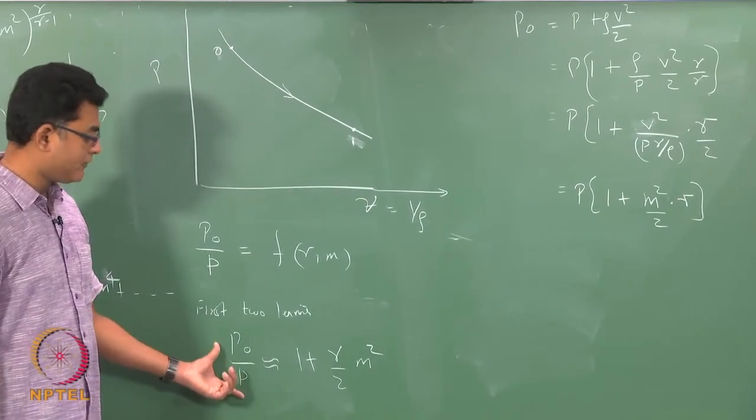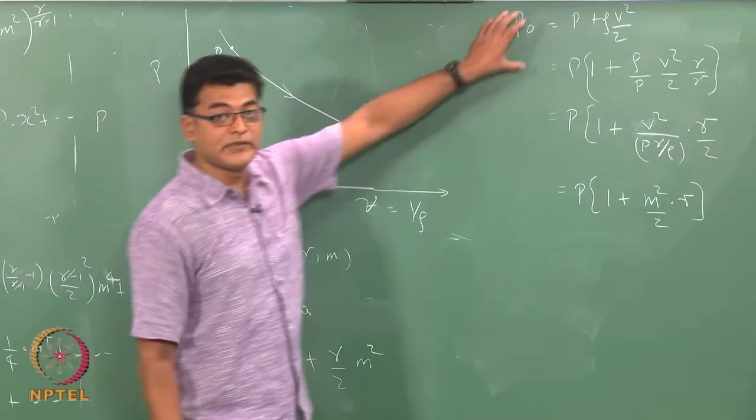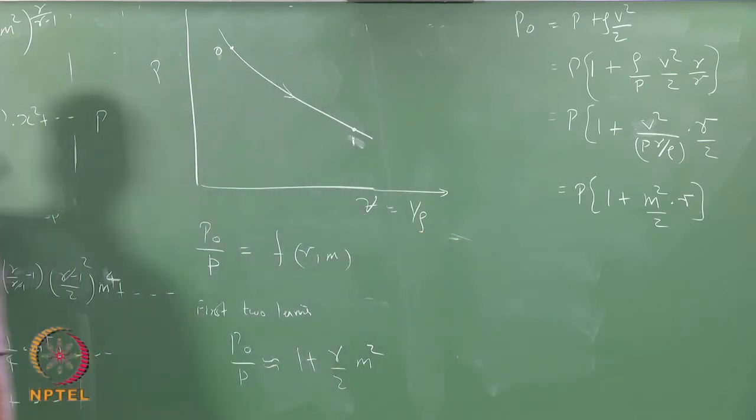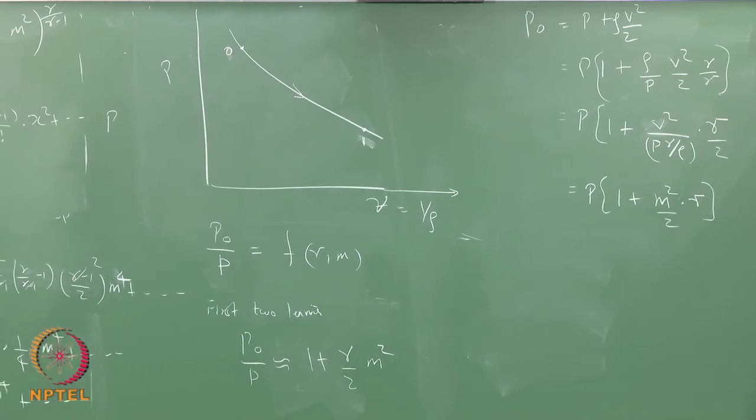Which is precisely what we have here. So, your Bernoulli's equation is a truncated form of the full compressible flow equation.